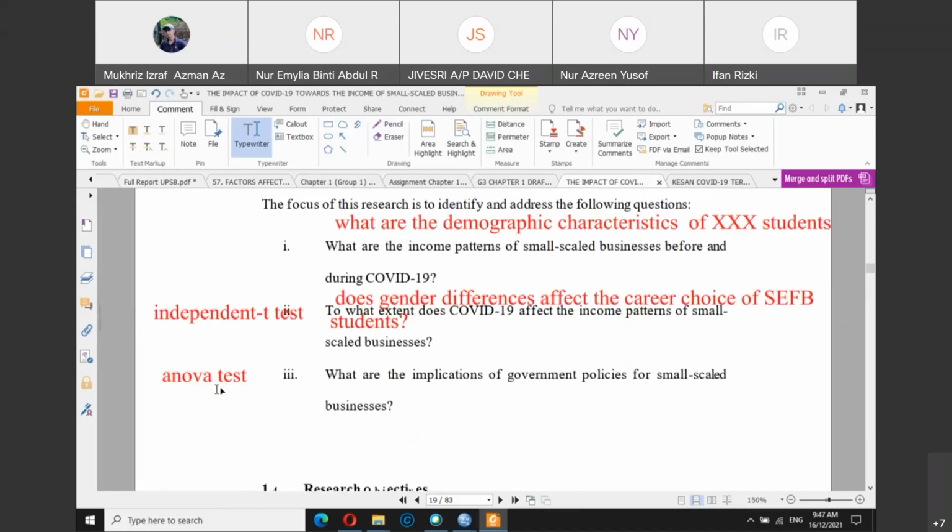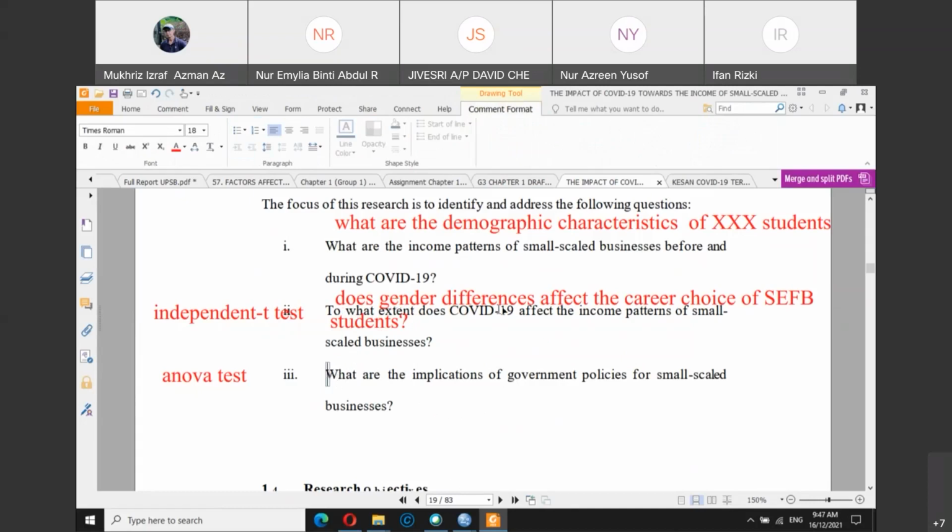Meaning that we want to investigate the factors that affect career choice. So how do you do this? You cannot specify only gender difference.